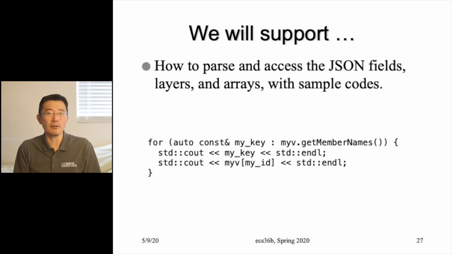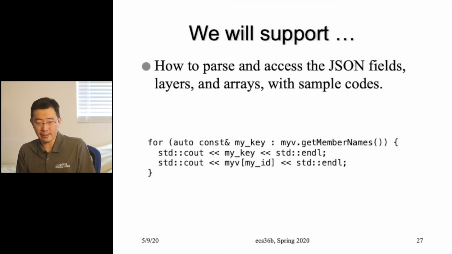Now I think you should face this challenge, but we still support you. You're not working alone. So we're going to provide you with how to, for example, parse and access the JSON fields. That means how to use the JSON CPP library, and I'm going to show you a tutorial and give you the example sample code.